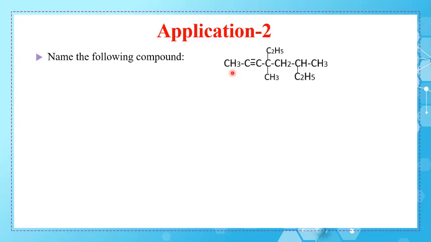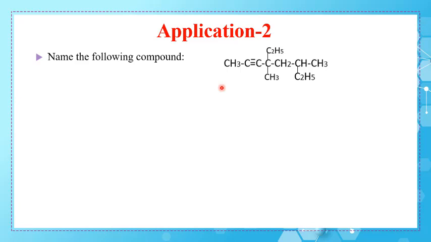Okay, so we have 1, 2, 3, 4, 5, 6, 7, 8, and we have 2 methyl groups and 1 ethyl group, and according to the alphabetical order we must put ethyl before dimethyl.